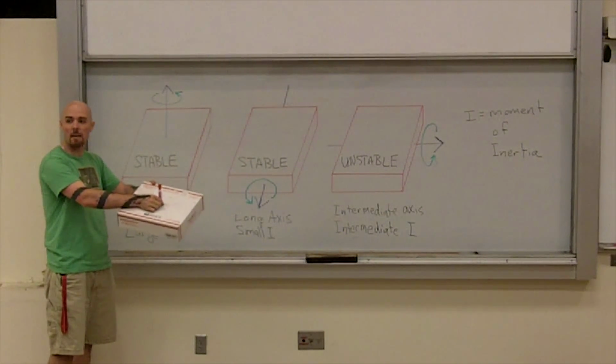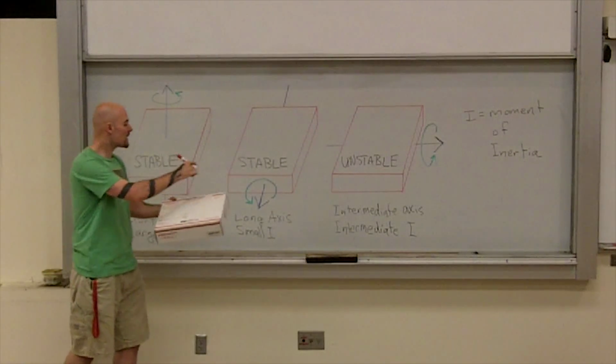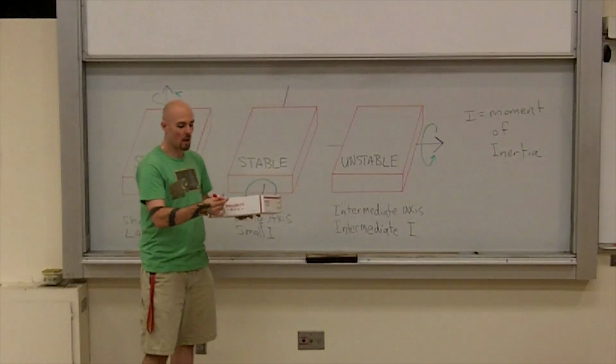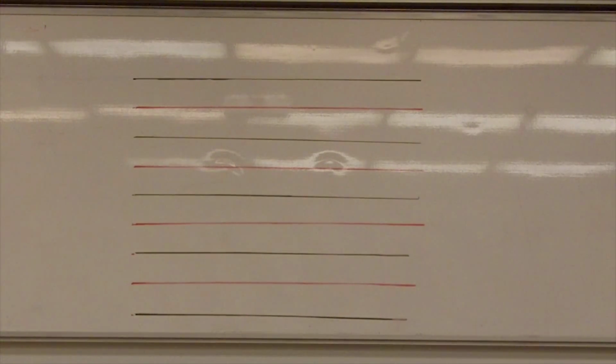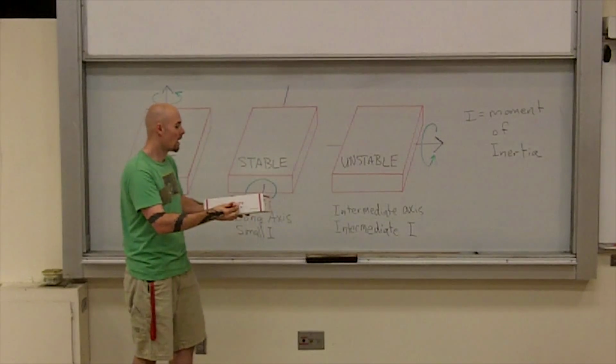We would call this a stable rotation. The same stands for the long axis, with the small moment of inertia. Again, a perfect rotation leads to a perfect rotation around the axis, where a slight deviation would again cause a wobbling effect, but a stable rotation.